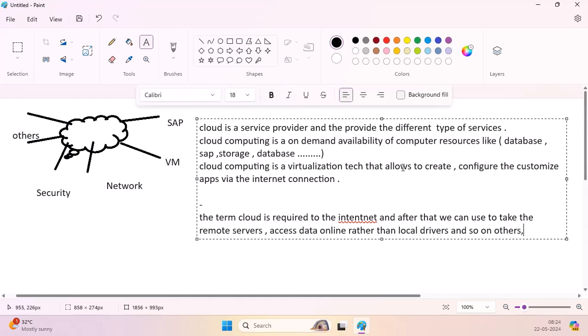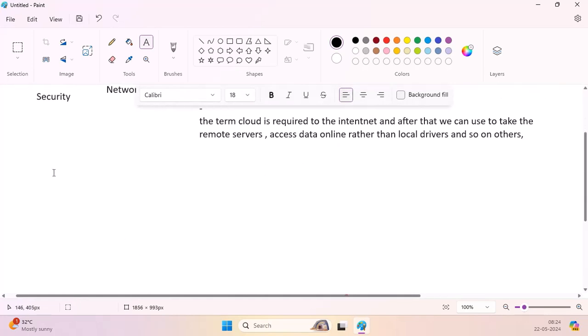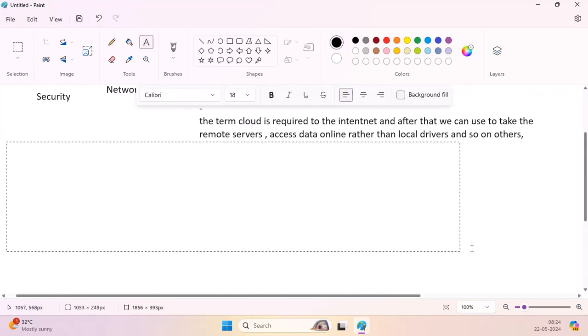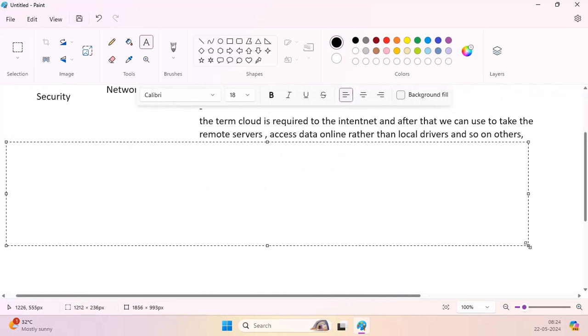Now let's take a look at some use cases of the cloud. Use case number one, deploy applications or services.